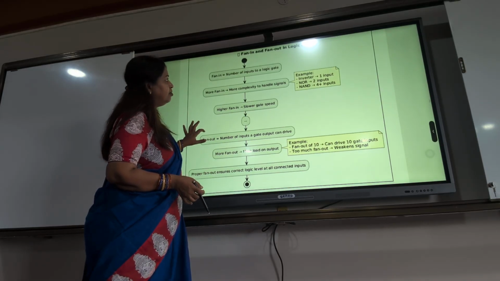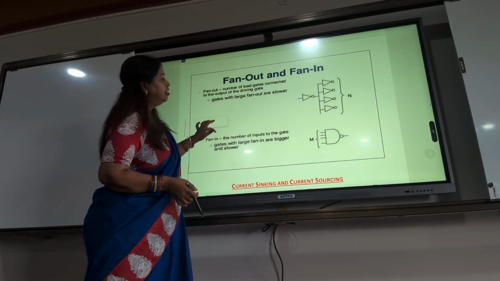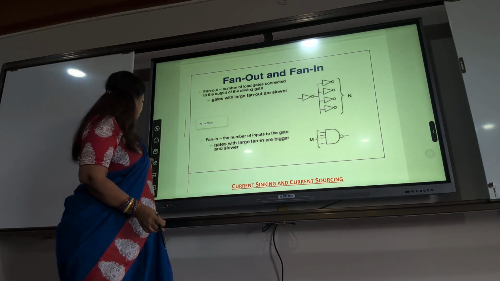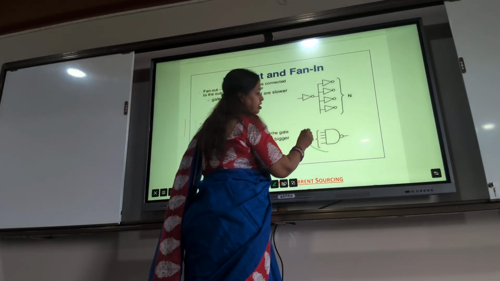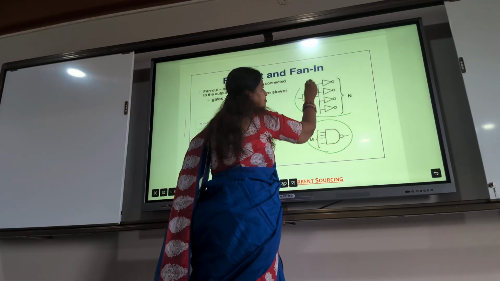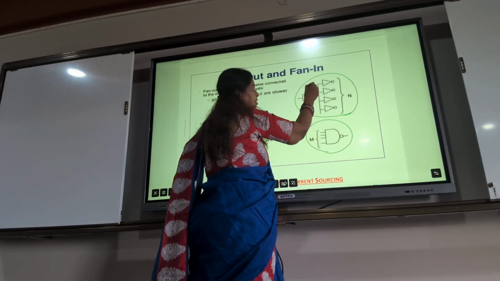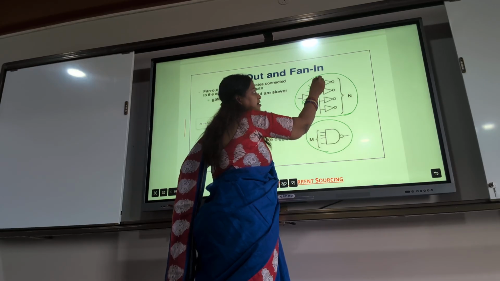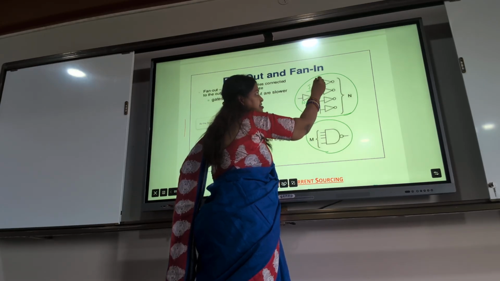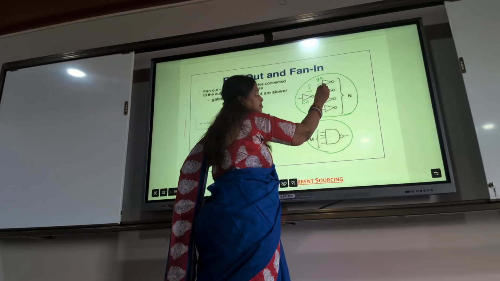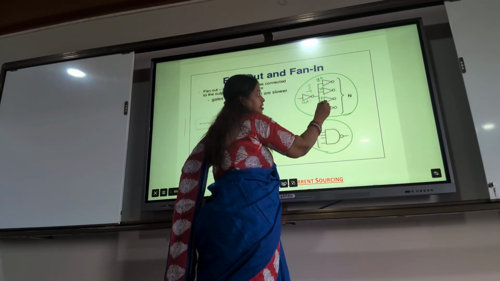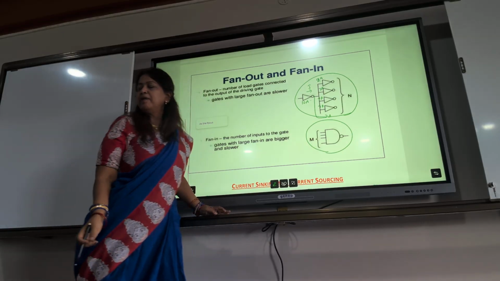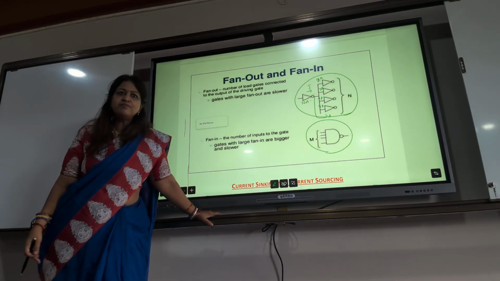Then fan in and fan out. How many devices you are connecting to the output is called fan out, and how many devices you are connecting to the input is called fan in, because it has to supply current. If you have 10 amps and every device requires 2 amps, 10 amps can be supplied to 5 devices as 2 amps each.